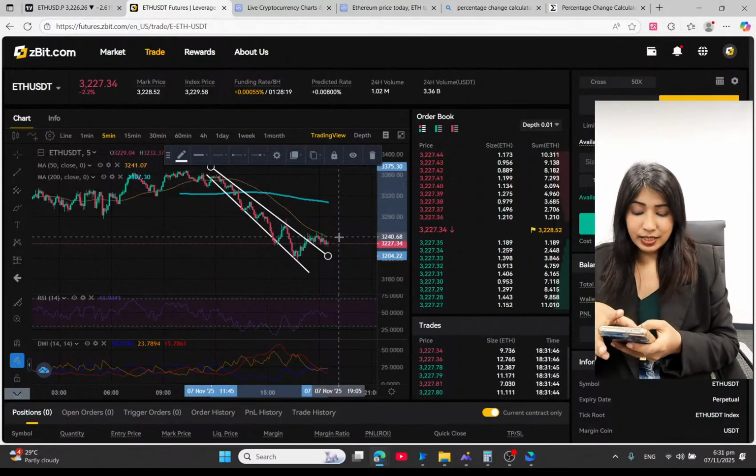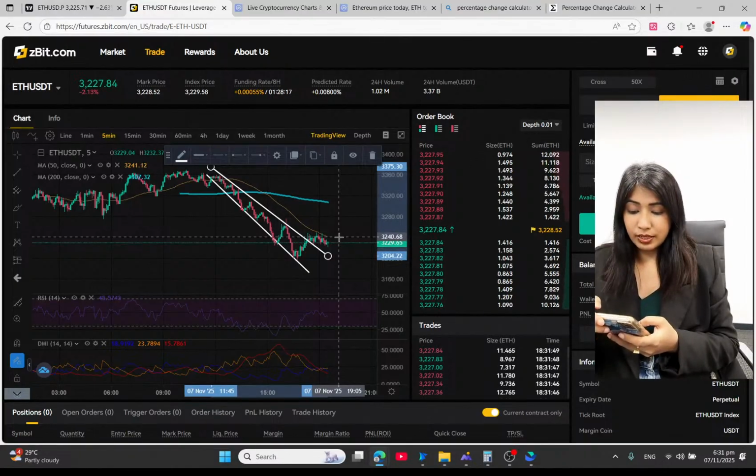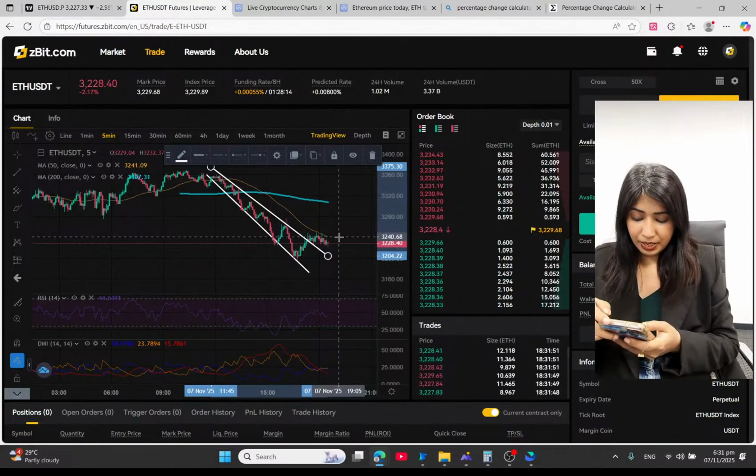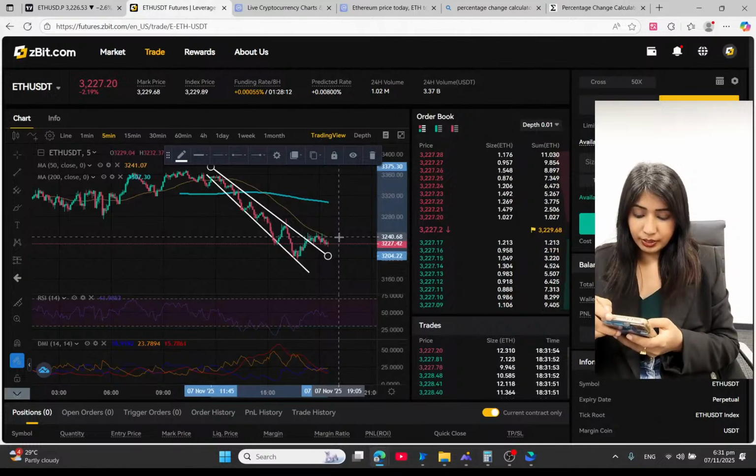Otherwise, if in this current scenario sellers are still taking over, then we do not enter into a buy trade. Instead, we enter into a short trade only.